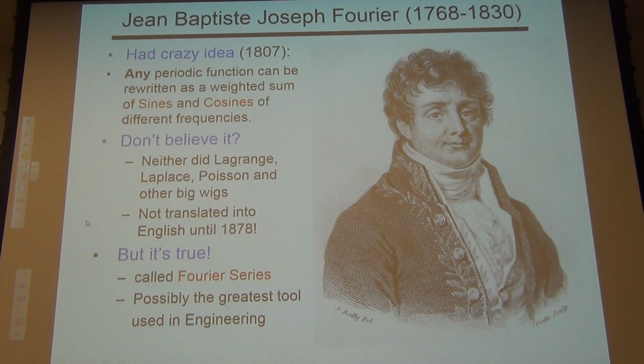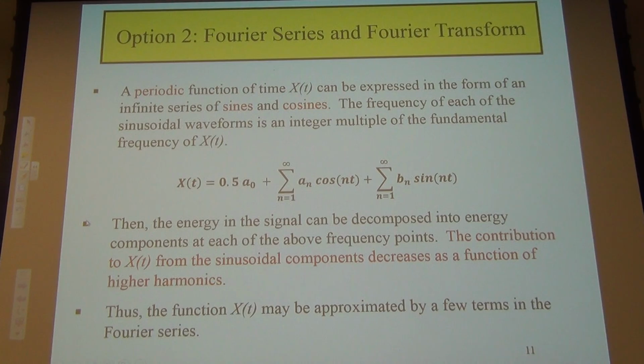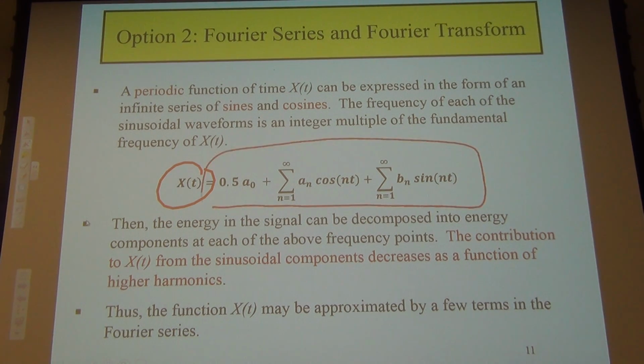That is the idea of the Fourier series and the Fourier transform. So any signal or any function can be rewritten in this way. Add the cosine and the sine together. Remember, it's a periodic function.